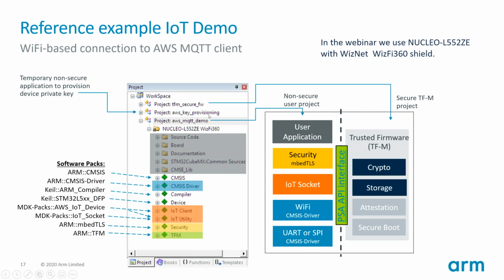Now there is another project. The second project, AWS MQTT provisioning, is a temporary project, and it's just a demo of how you can bring a key onto the device, because here we don't have any device identity. We don't have any device security keys yet. This needs to be provisioned on the device in some way.